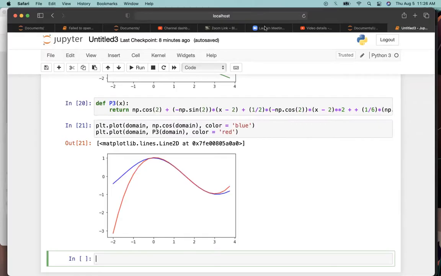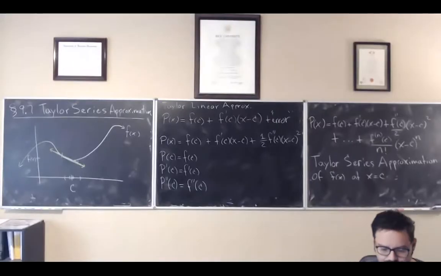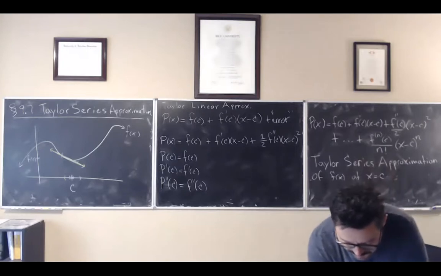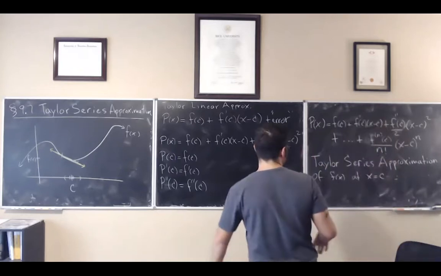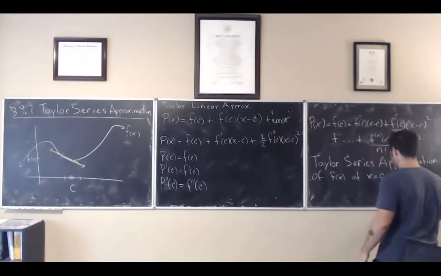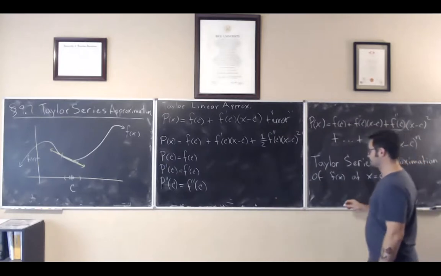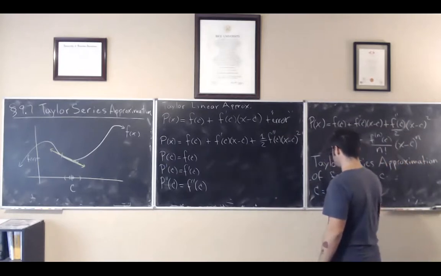Okay, so there is a specific type of Taylor series called a Maclaurin polynomial. All you need to know is that Maclaurin is when c is equal to 0.